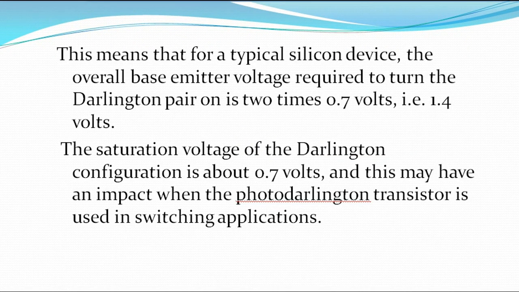This means that for a typical silicon device, the emitter voltage required to turn the Darlington pair on is 2 times 0.7, that is 0.7 multiplied by 0.7 gives 1.4 volts.